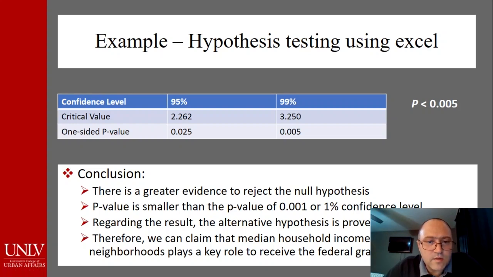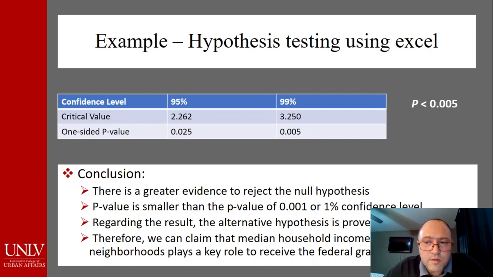The critical value for the 95% confidence level is 2.262, and for 99% it is 3.250. The one-sided p-value for the 95% confidence level is 0.025, and for the 99% it is 0.005.